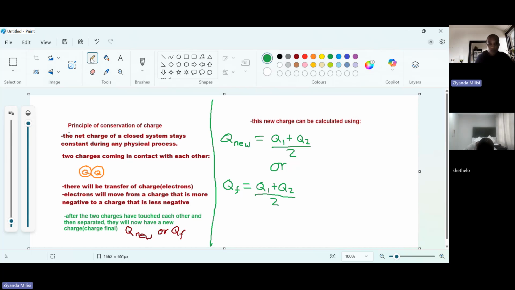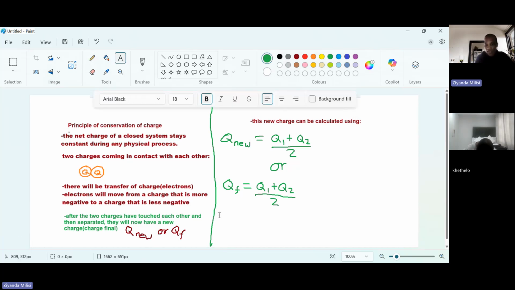Then, how are you going to calculate the amount of charge that was transferred during this physical process of touching? Charge transferred can also be called charge gained or lost.